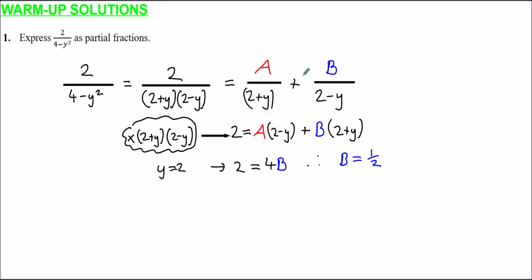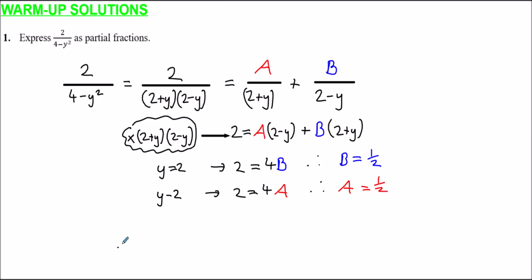In the same way, if we were now to let y equal negative 2, we can cancel out the b term and focus on the a. Then we get 2 equals a, brackets 2 minus minus 2, which means a multiplied by 4. So 2 equals 4a. And of course 2 plus minus 2 cancels. So again, dividing by 4, we see that a as well is equal to a half.